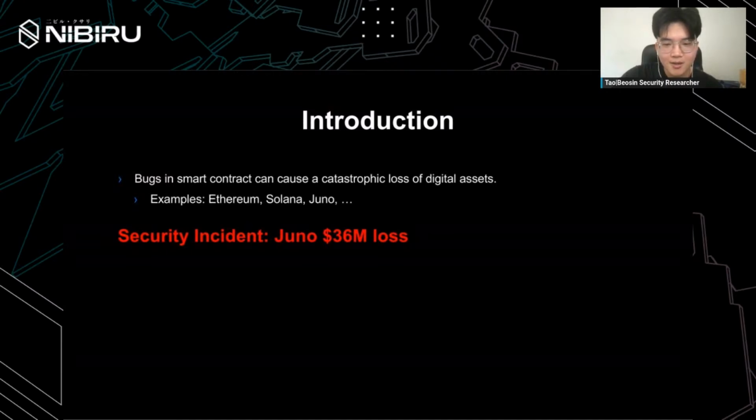And what is surprising is that these hackings are only the tip of the iceberg in Web3 security. So we can tell how important security in smart contracts and in blockchains is.